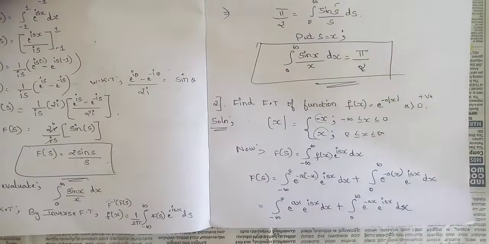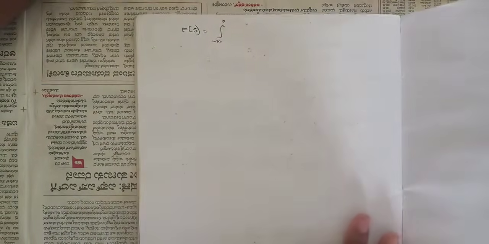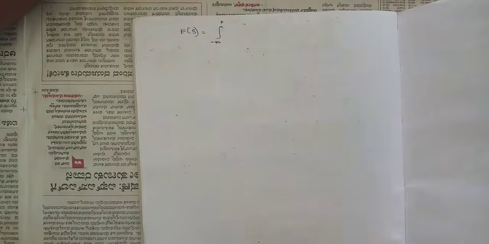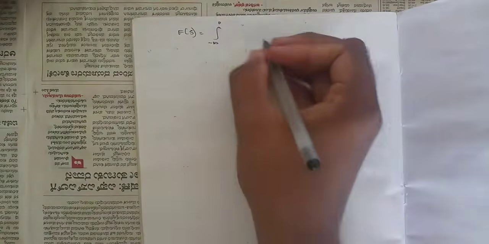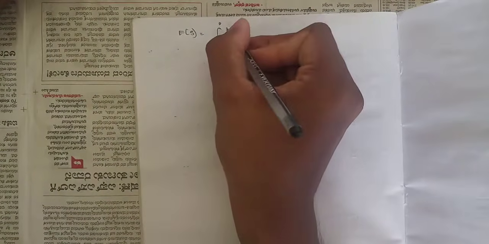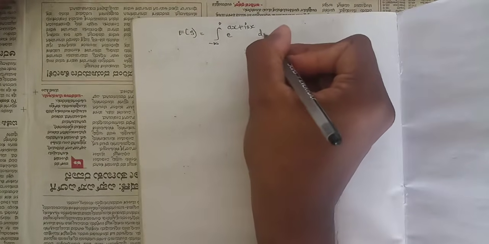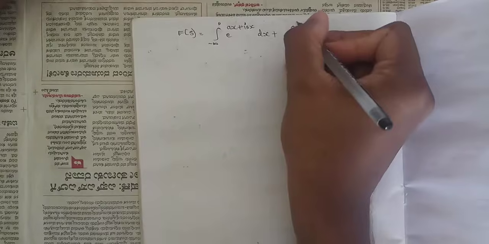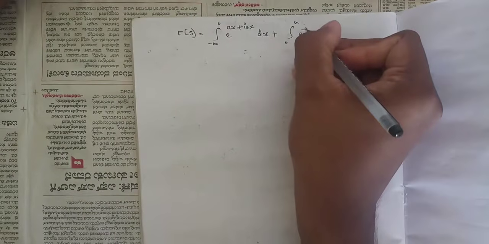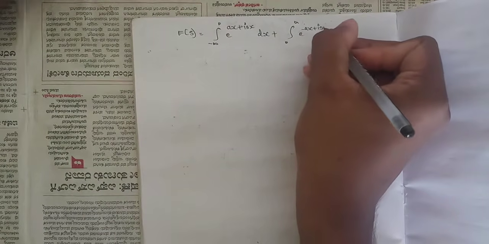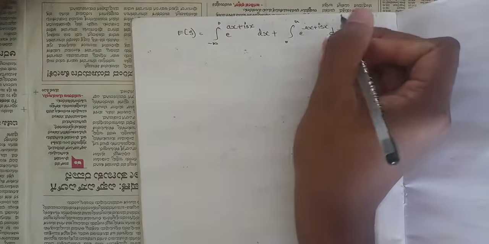Now since the bases are same, that is e, we add the powers: e power ax plus isx into dx, plus from 0 to infinity e power minus ax plus isx into dx.